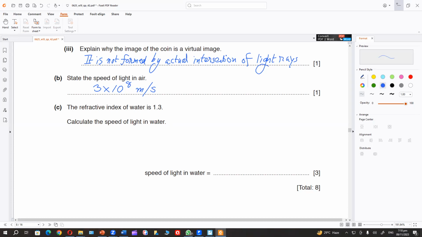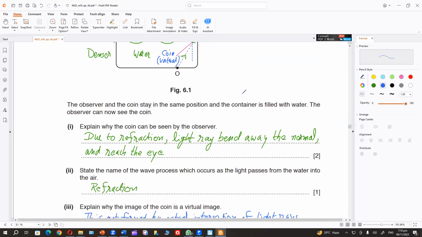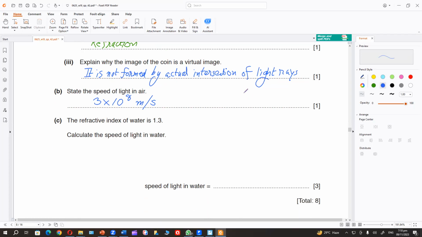So the refractive index of water is 1.3. Sine inverse of 1.3. Why? We need a formula somehow, v1 upon v2 or something like that. So which one from that list will be used here?